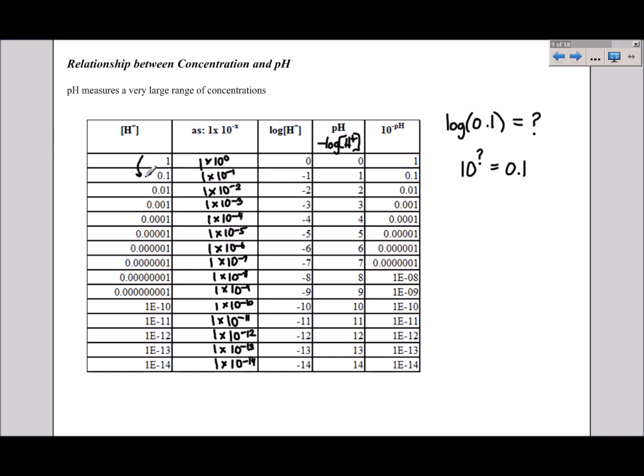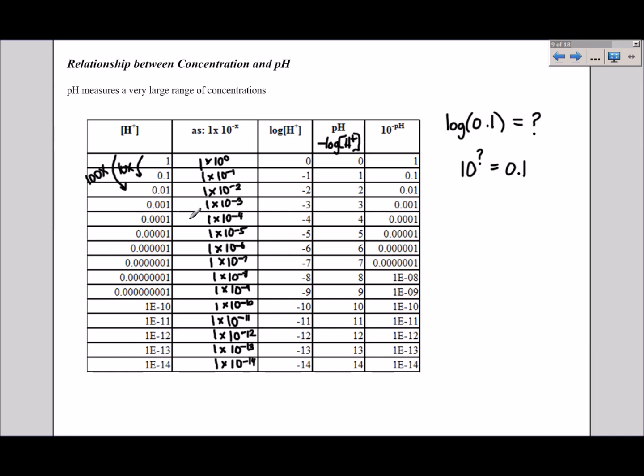If we move 1 unit on the pH scale, that's a change in concentration of 10 times. So the concentration of 1 mole per liter is 10 times more than the concentration of 0.1. And that means that if we move 2 units, there's a difference of 100 times in terms of the molarity of the solution.